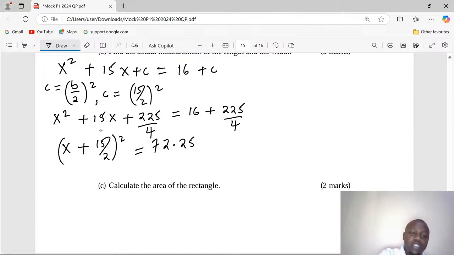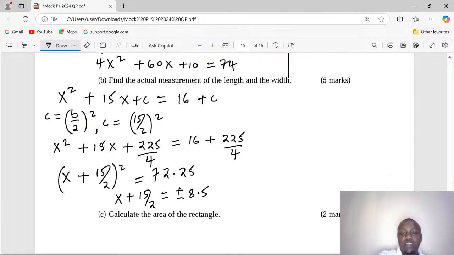So we can now take the square root of both sides. So x plus 15 over 2 is equivalent to either plus or minus the square root, which is giving us 8.5. Now, this being 8.5, it means we can get two possible values of x.